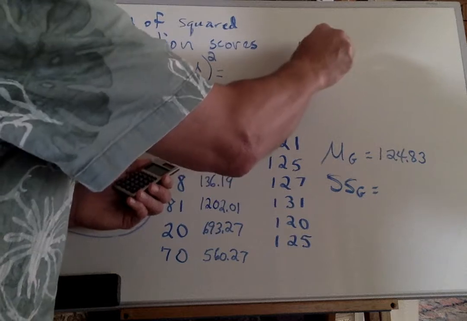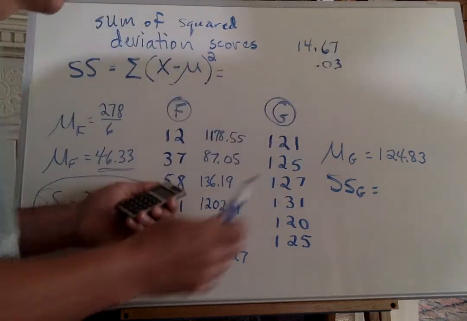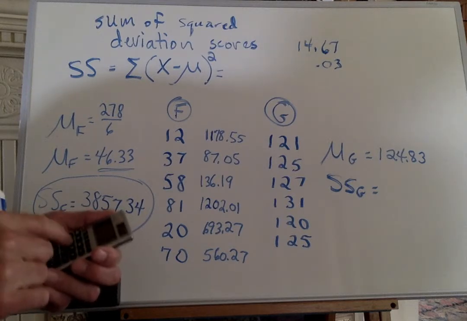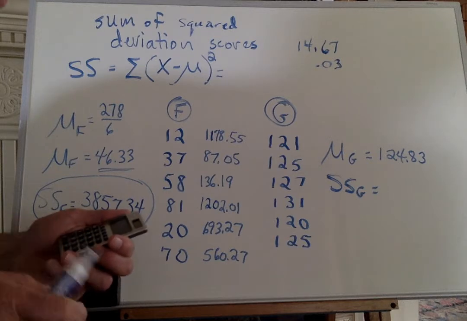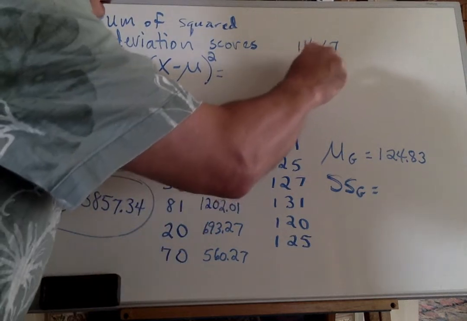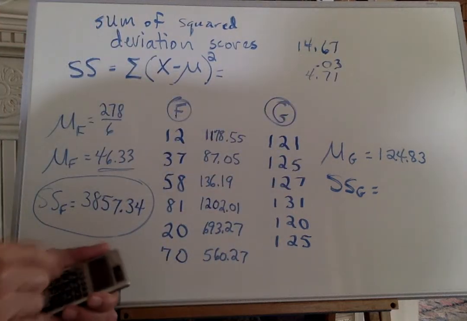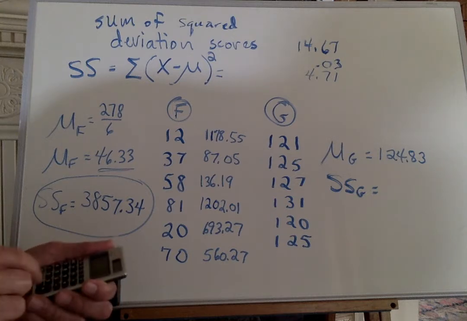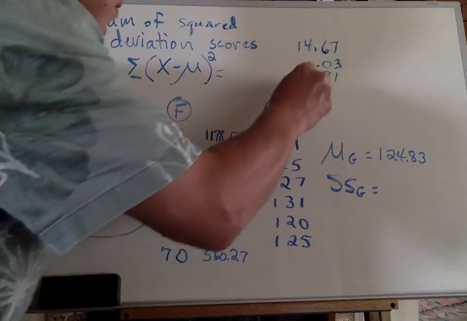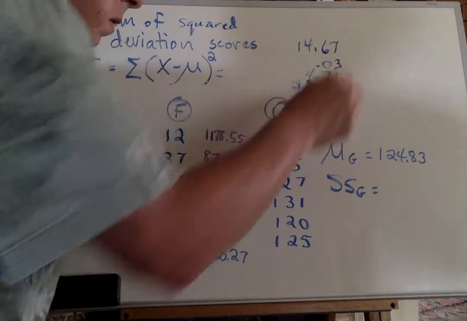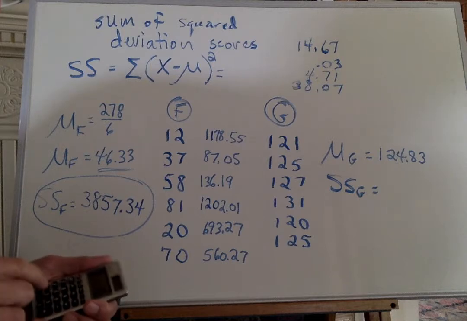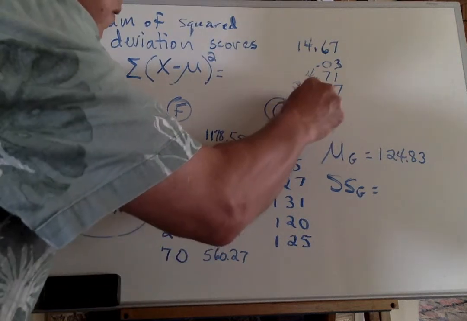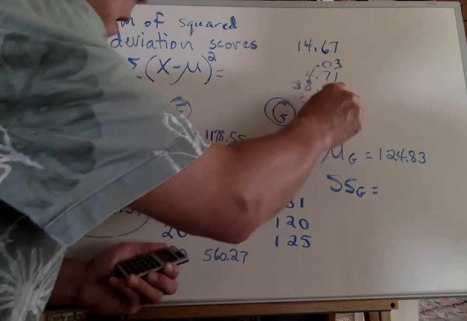Wow, 0.03, okay? 127 minus 124.83, square that, 4.71. 131 minus 124.83 equals 38.07. 120 minus 124.83 equals 23.33.